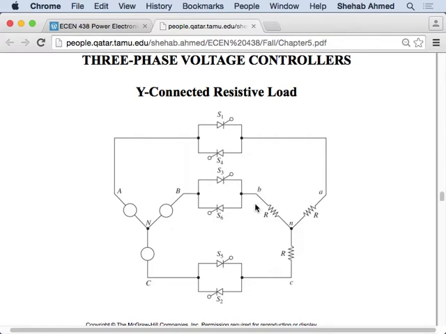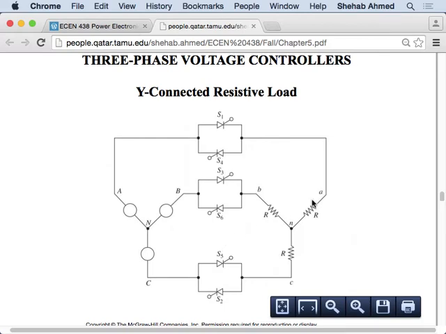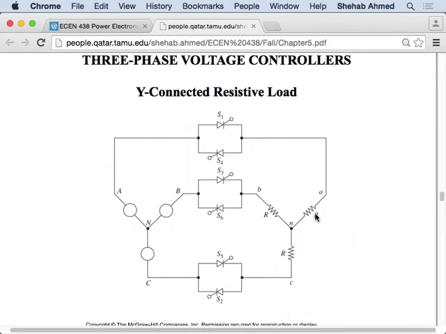Now we agree that if all of them are on, then I have phase voltage A across load A. How about if I have S1 on and S6 on? What is the voltage across phase A? Exactly, it's VAB.